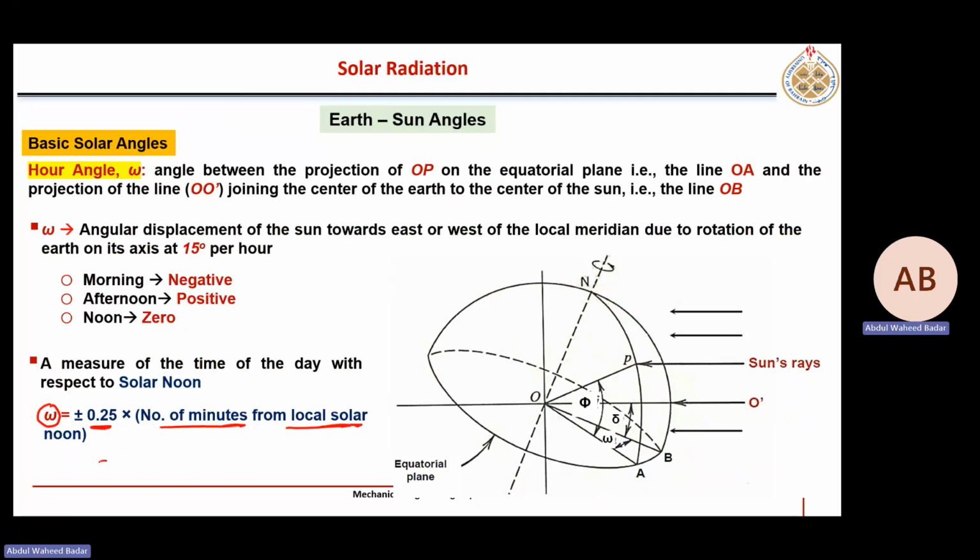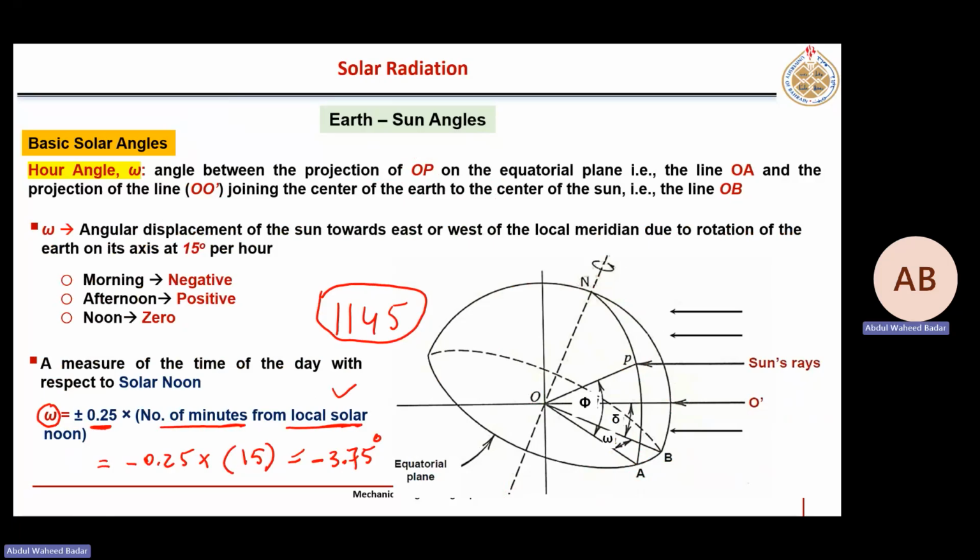Before noon, we said that will be taken as negative, so that will be 0.25 multiplied by, for 11:45, it means it is 15 minutes from local solar noon. So that will give us the hour angle, which will be minus 3.75 degrees.